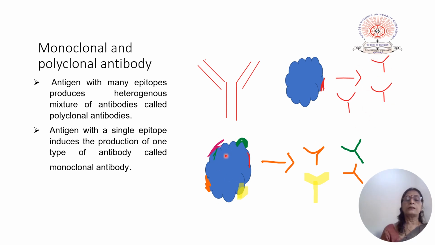This is the antigen molecule with multiple epitopes on the surface, and multiple epitopes induce the production of different types of antibodies. So when the antibody variety is more, it is called polyclonal antibody, and when only a single type of antibody is produced, these are called monoclonal antibodies.